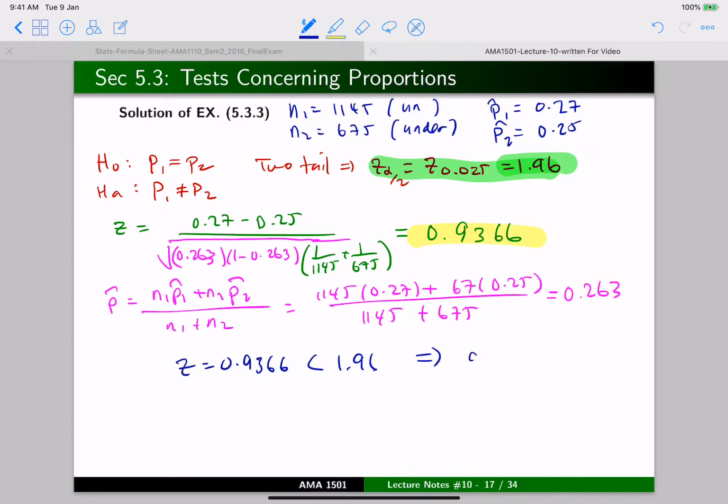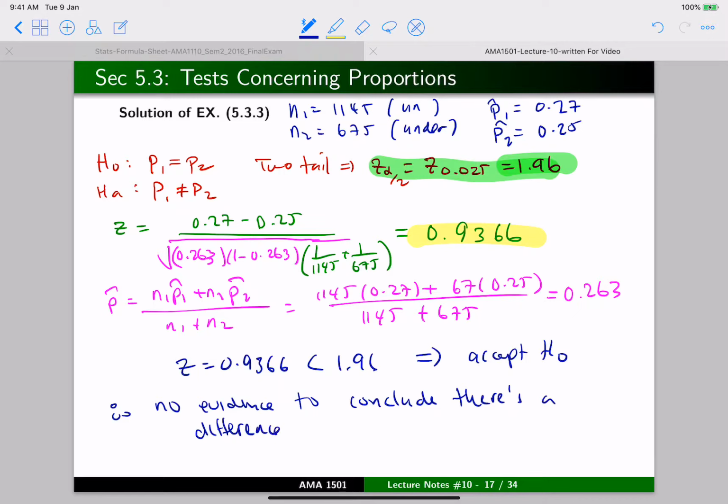There's not enough evidence to conclude that there's a difference between unemployed and underemployed people in the effects on their relationships.